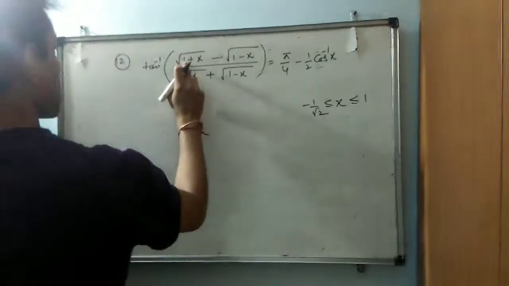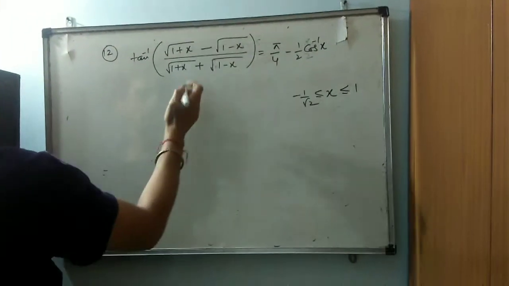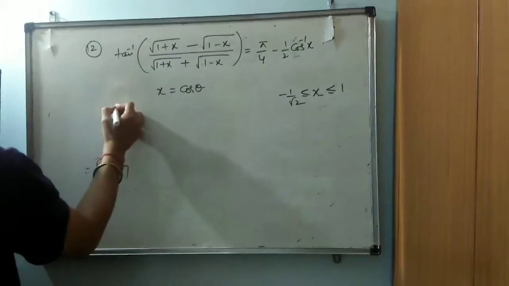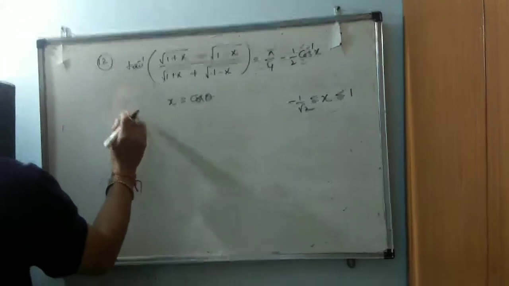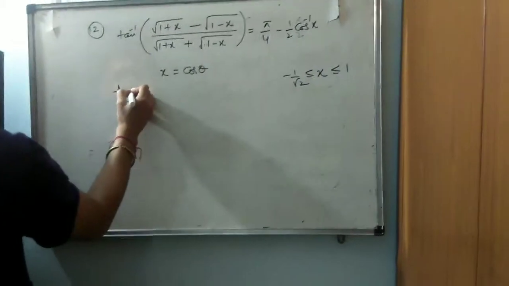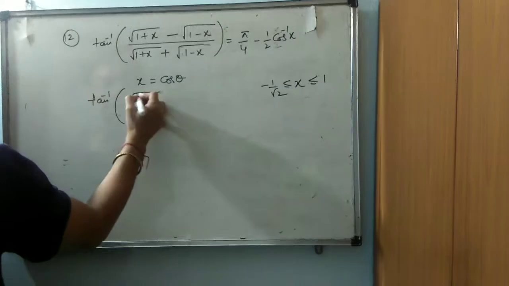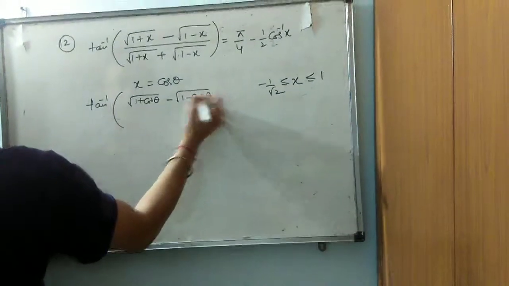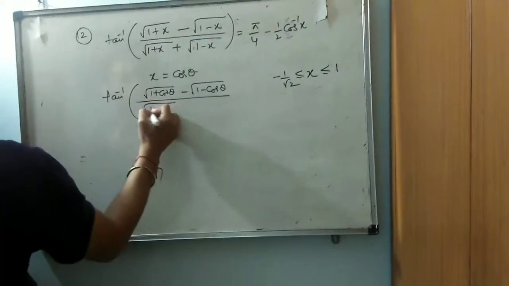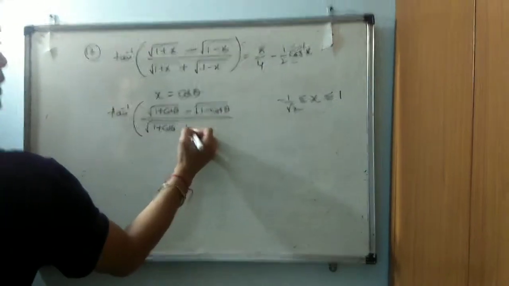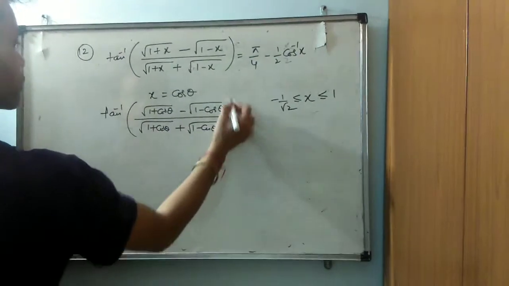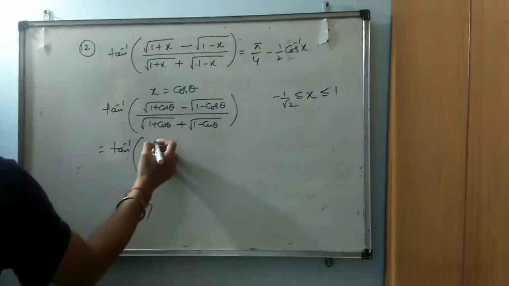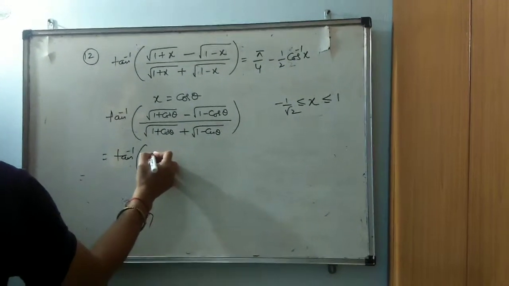As we know, we have identities for 1 plus cos theta as well as 1 minus cos theta. So x is equal to cos theta, and that will give us tan inverse of (root 1 plus cos theta minus root 1 minus cos theta) whole divided by (root 1 plus cos theta plus root 1 minus cos theta). 1 plus cos theta, using a special result of half angle, is 2 cos square theta by 2.